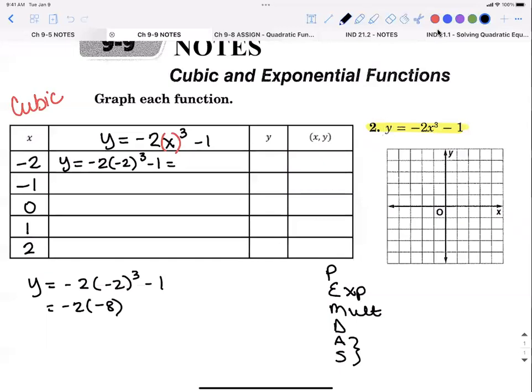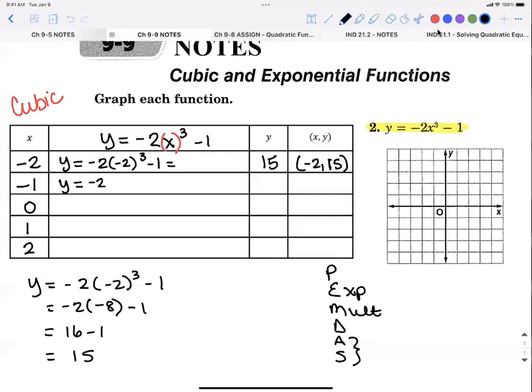I've got 2 negatives that make a positive, and then that third negative makes me go back negative. And then minus 1. Next, PEMDAS says I do multiplication. So I have -2 times -8. -2 times -8 is +16 minus 1, which equals 15. So my y is 15, and I'm going to write my ordered pair -2, 15.